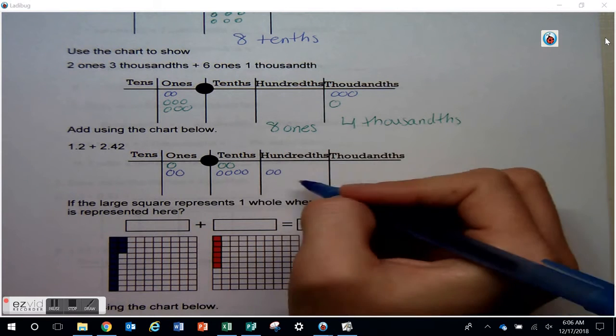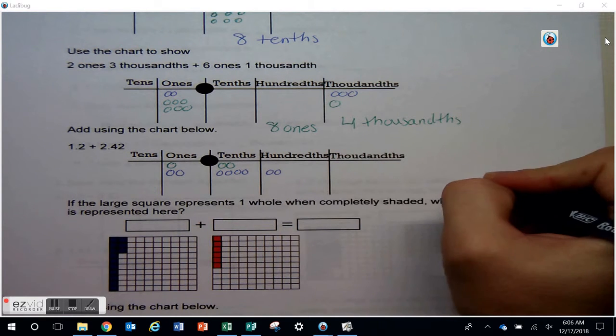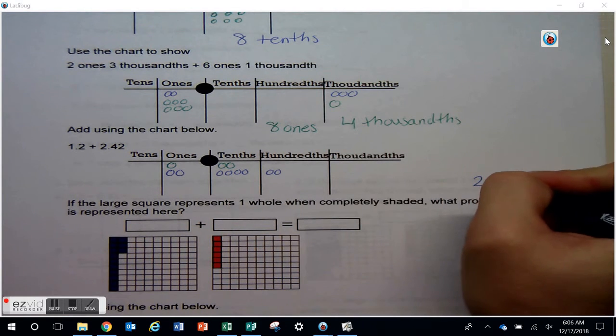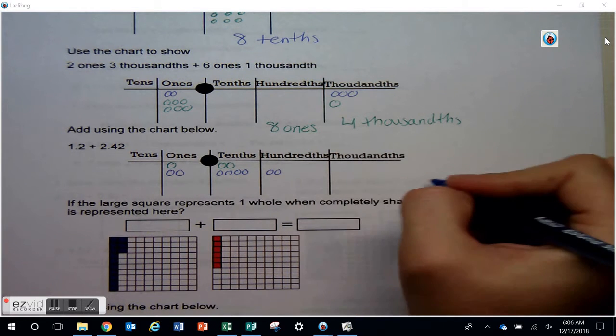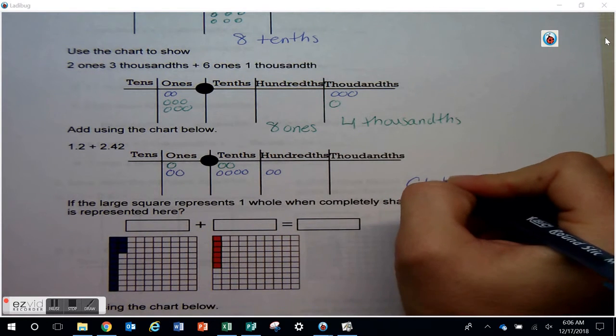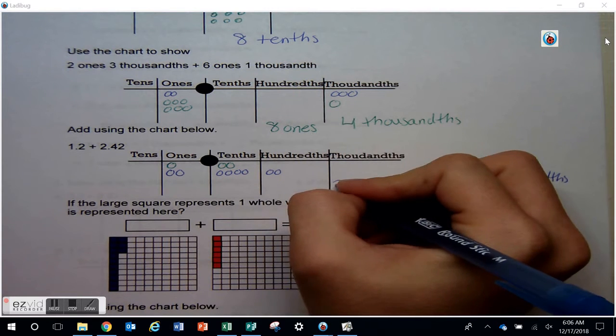So how many hundredths do I have? I have 2 hundredths. I have 6 tenths. And I have 3 ones.